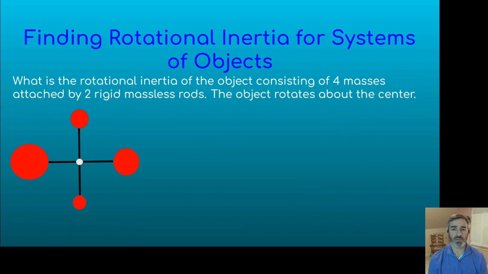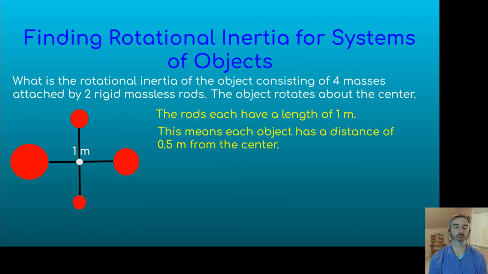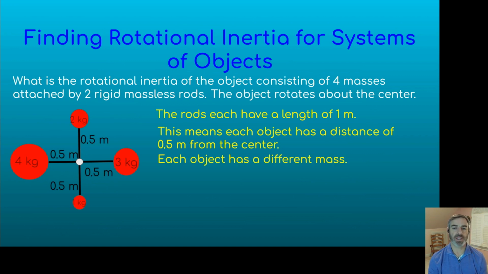We know that the rods from mass to mass have a length of 1, which means from the center point, each mass is 0.5 meters from the center. We have the mass values, 1 kilogram all the way up through 4 kilograms, and we're going to treat these as point masses.